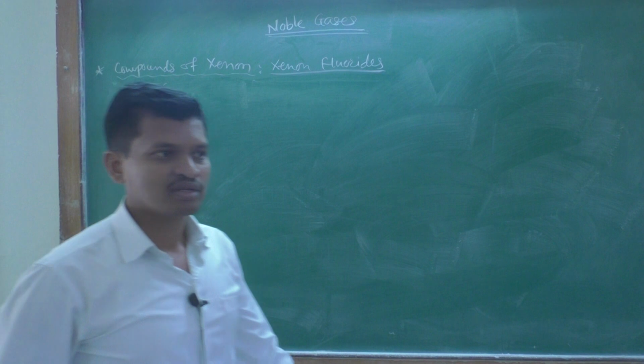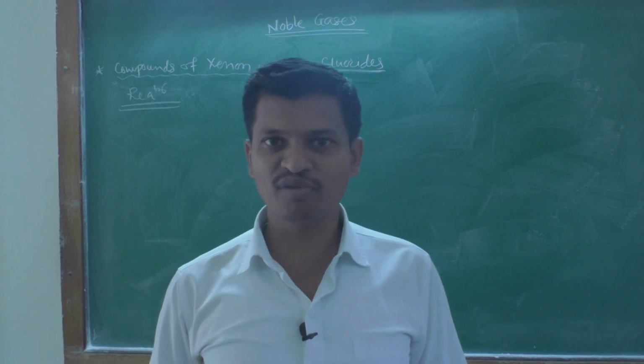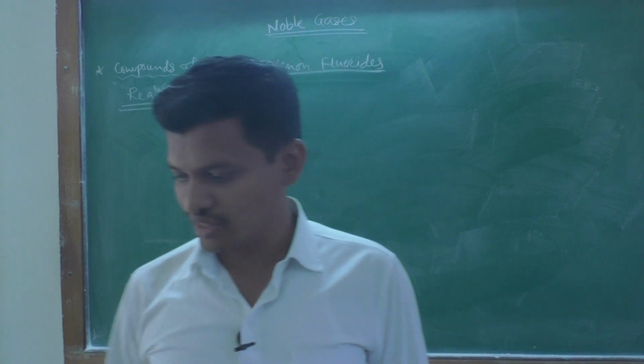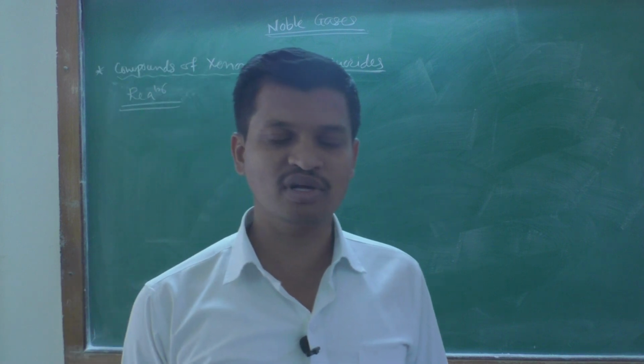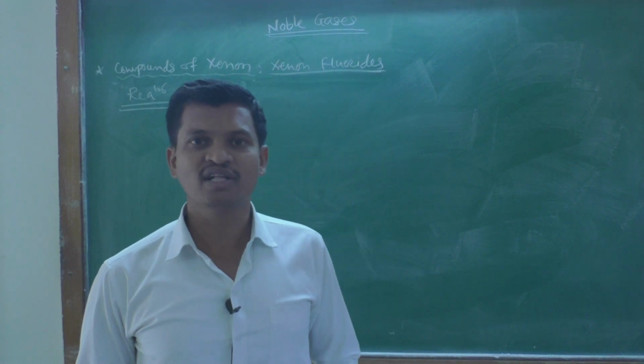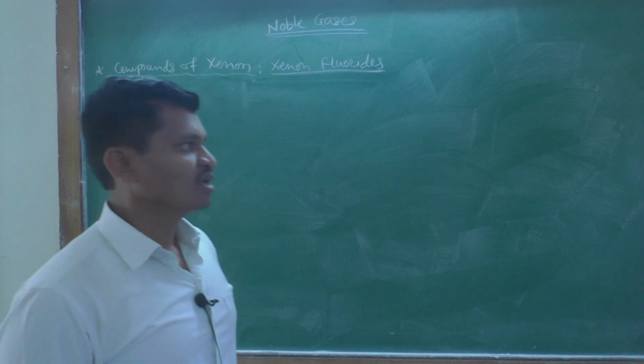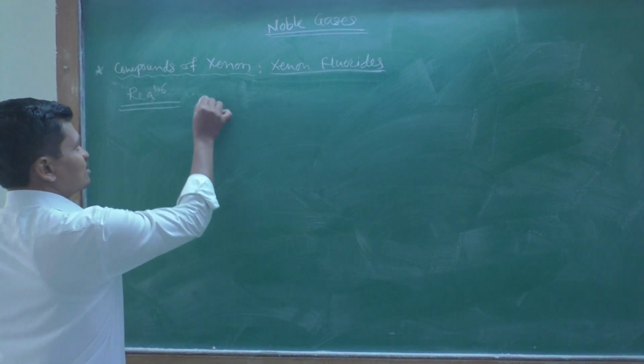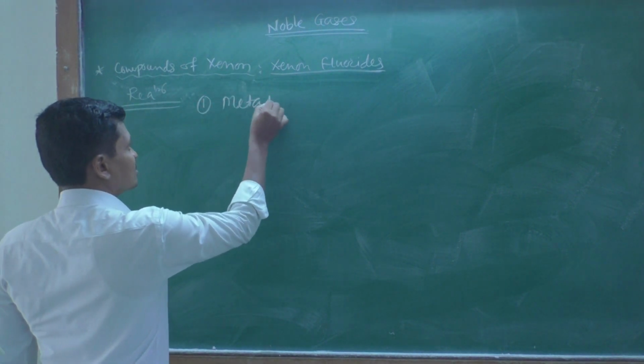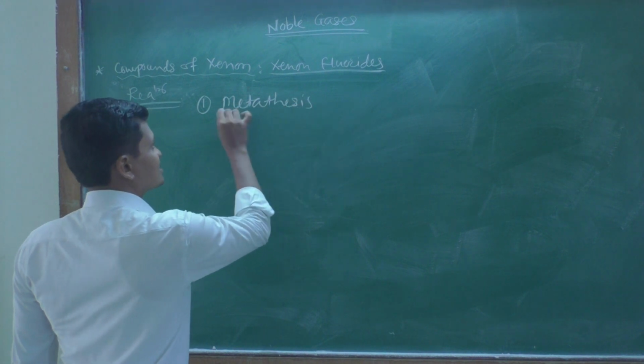Different types of reactions are possible, but the typical reactions given by these xenon fluorides are what we are going to see here. The first type of reaction is the metathesis type of reaction.